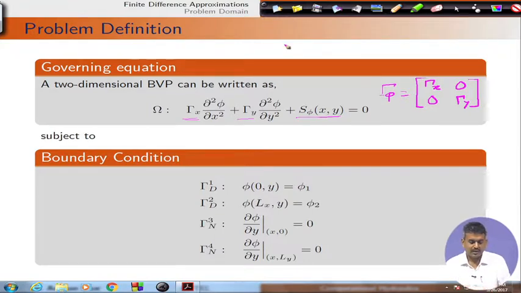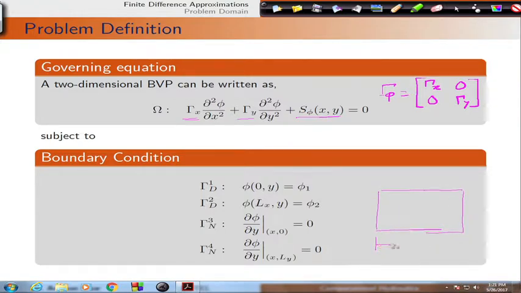We can define a boundary condition for a rectangular domain. We have a rectangular domain, this is Lx, for that rectangular domain Ly for the y direction, and this is the 0, 0 point. With this information we have defined these 4 boundary conditions.